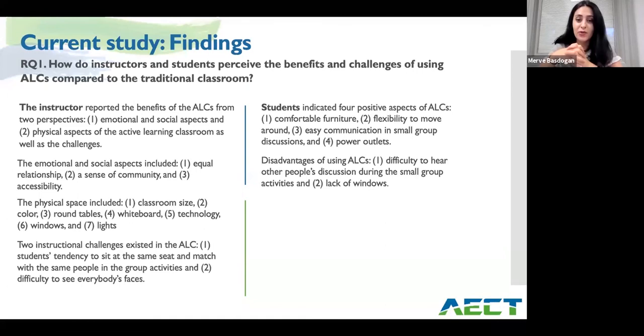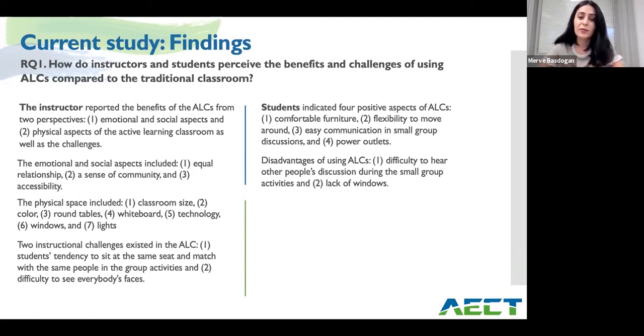For example, emotional ones included equal relationship, a sense of community and accessibility. On the other hand, physical components like classroom size, color, round tables, whiteboard, technology, lights, windows, etc. were some positive aspects of the active learning classroom.